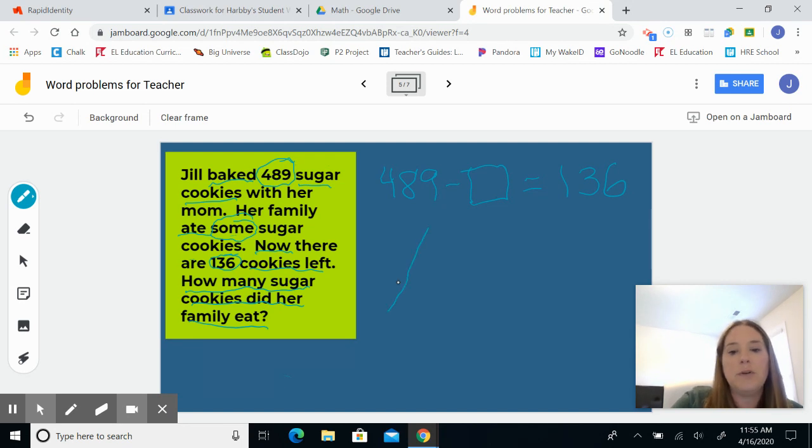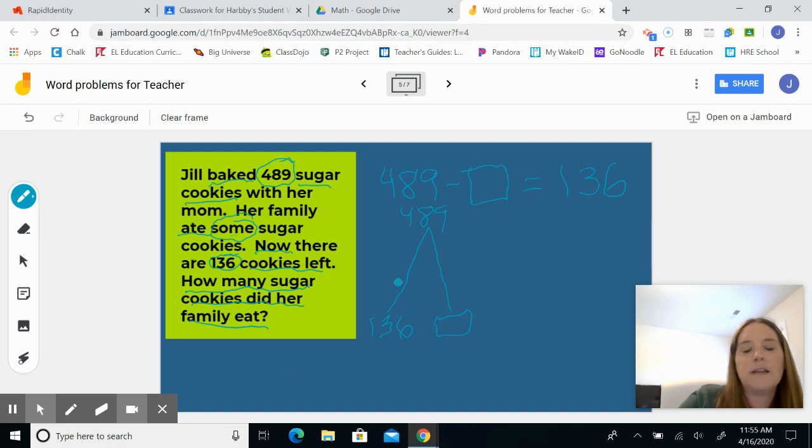So let's input this information into a math mountain. Like I just said, the first number is the biggest number in subtraction, so that's the total. So 489 will go on top. 136 will go down as a partner, and the other partner is the unknown number.